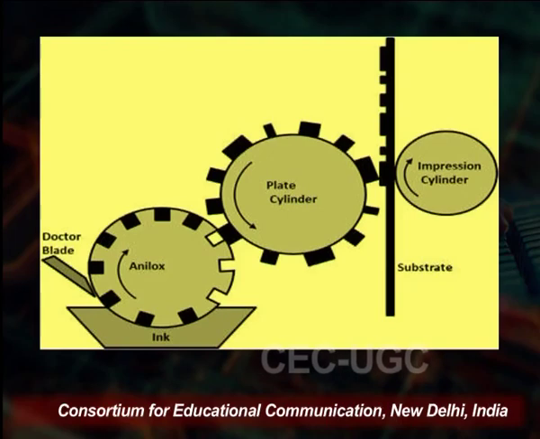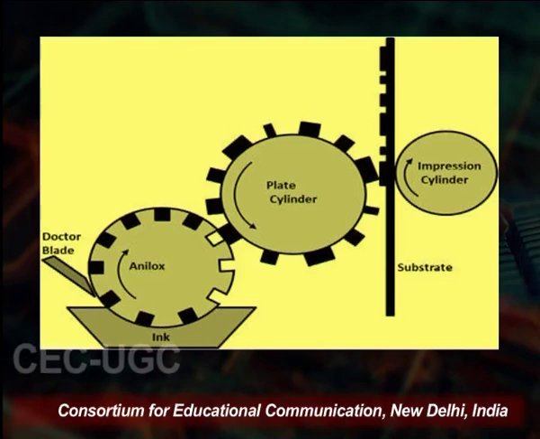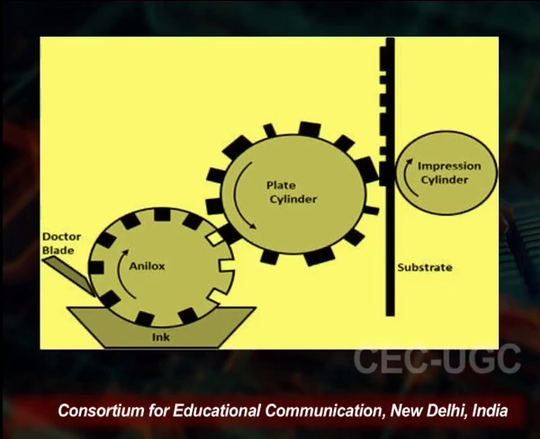Now, the doctor blade again here we are using just to prevent the extra flow of ink. Here we are having the substrate, then on it we are having the impression cylinder, and we are having a plate cylinder that will be used so that we can engrave the pattern on the substrate, and the impression cylinder will give the force to that substrate.